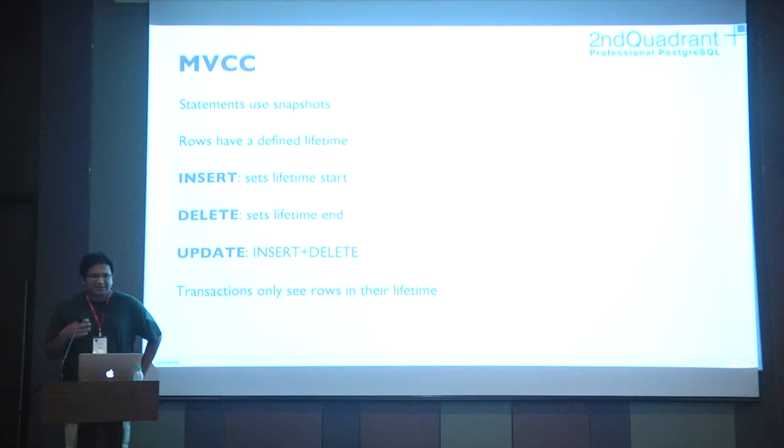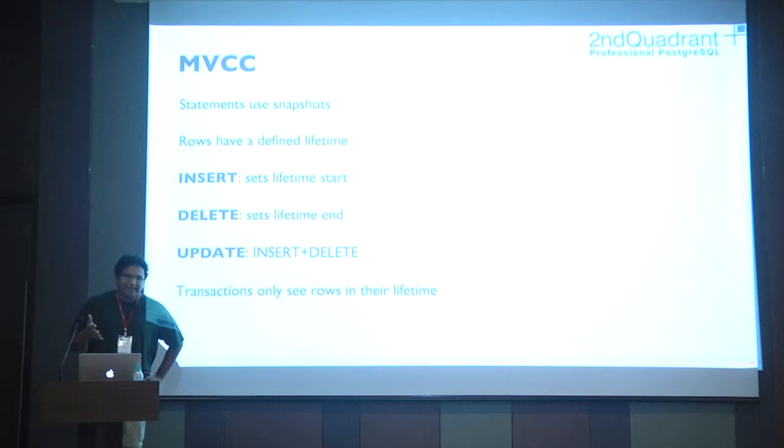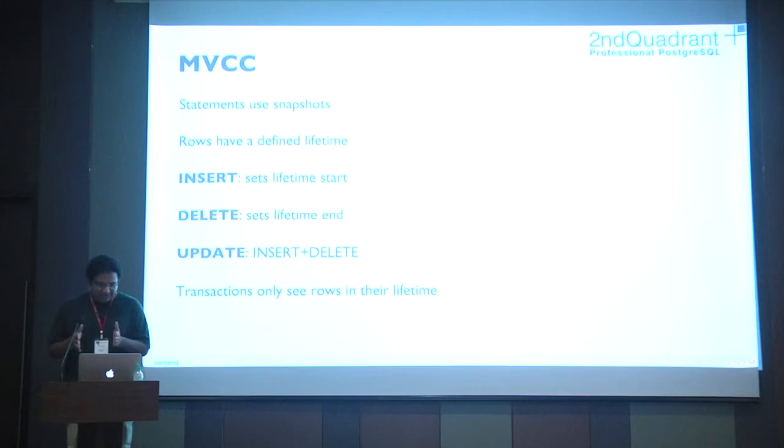The row isn't actually deleted, it's just that its lifetime has ended and transactions know not to look at it. This is analogous to the advice often given to application developers to not delete anything, just mark it invalid and leave it in the database for later analytics or auditing or whatever. It's a system level analog to that behavior.